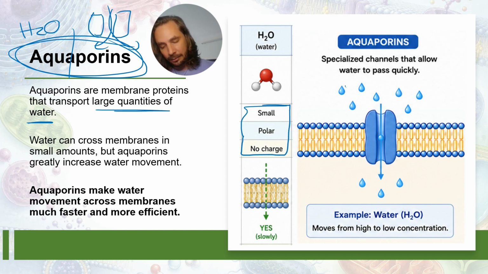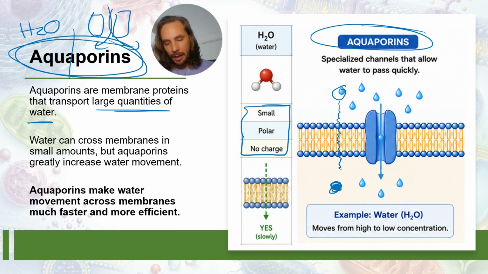It can move slowly through the membrane, but if I want to get water quickly into the cell, I use an aquaporin. They are specialized channels that allow water to pass quickly.